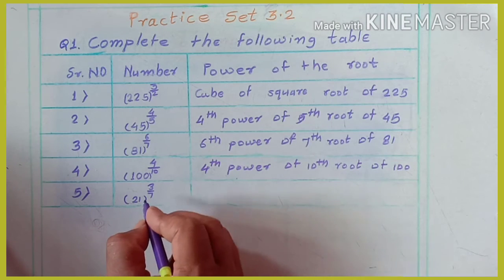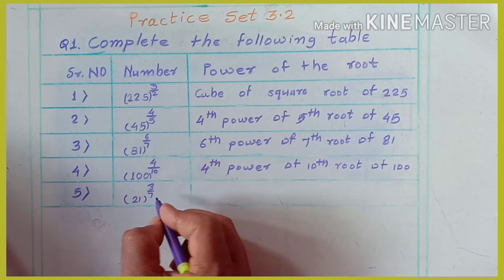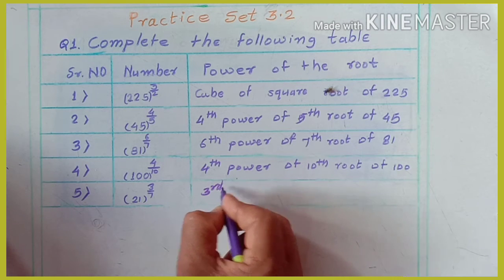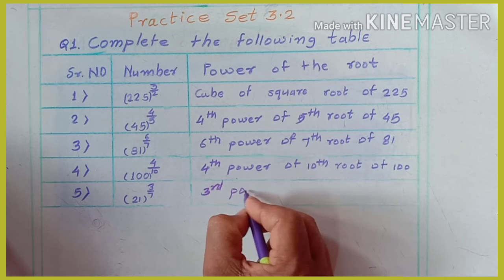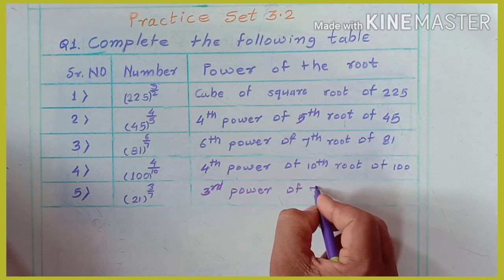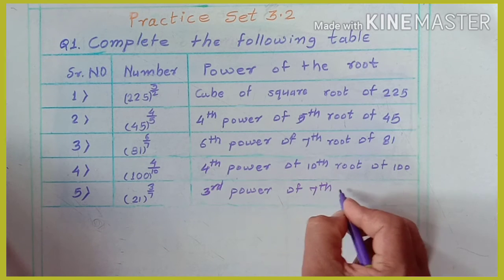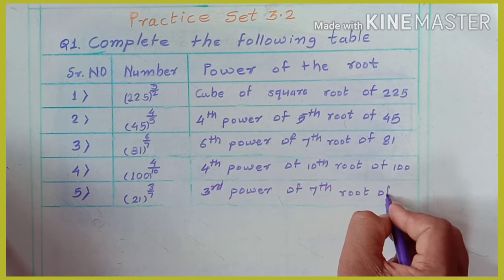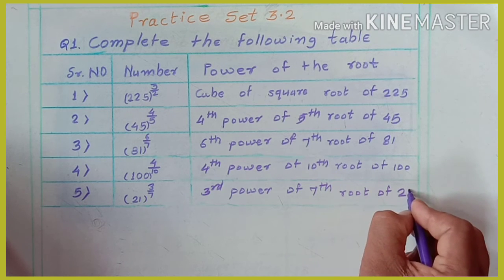Example number 5: 21 raised to 3 upon 7. Third power of 7th root of 21.